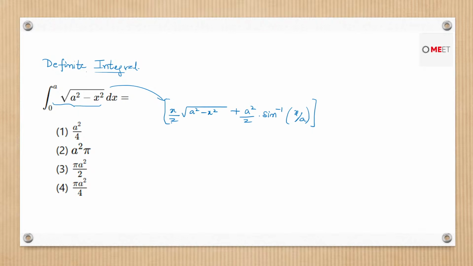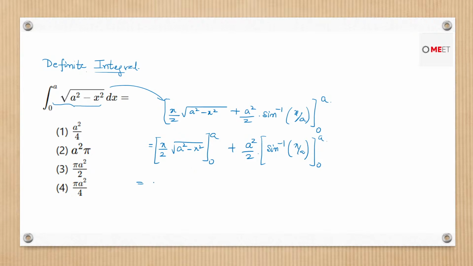Limits will be 0 to a, and if we substitute the limits, x by 2 into root over a square minus x square from 0 to a, plus a square by 2 into sine inverse of x by a from 0 to a.